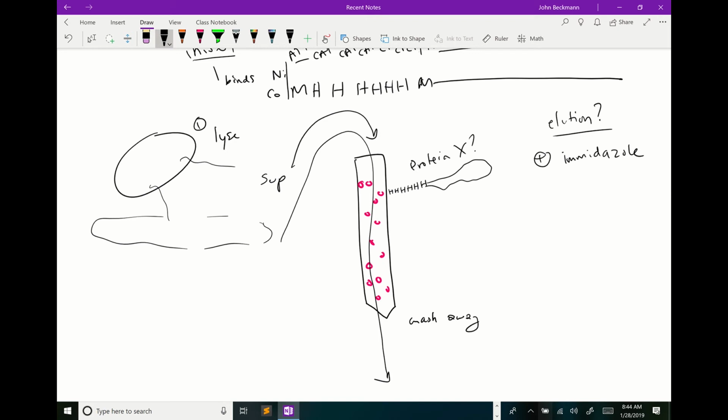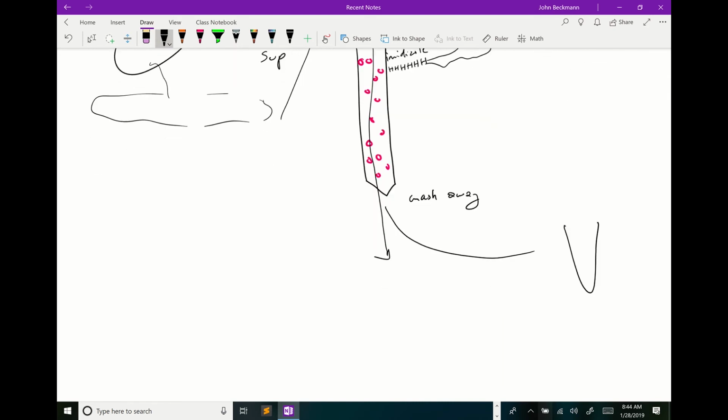Imidazole has a higher affinity for the nickel and the cobalt than the histidine tag. So now your beads are bound to imidazole, and your protein X washes off, and you collect it in a little tube, and now you've got a tube filled with protein X. Does that make sense? That's an affinity tag.